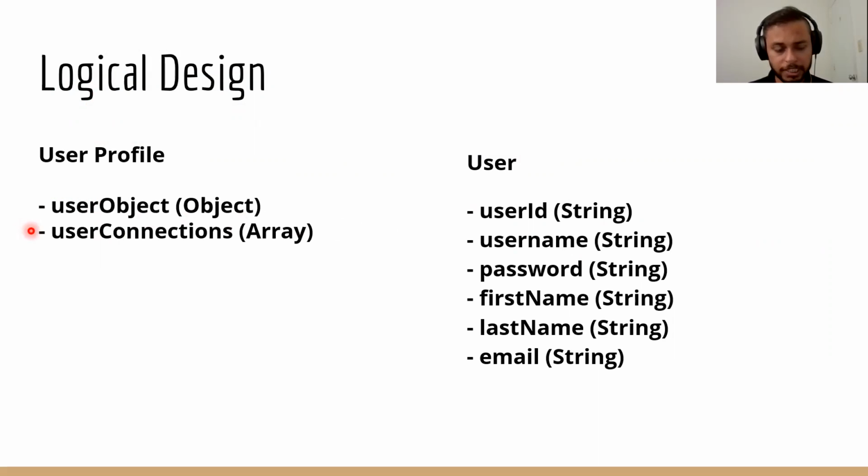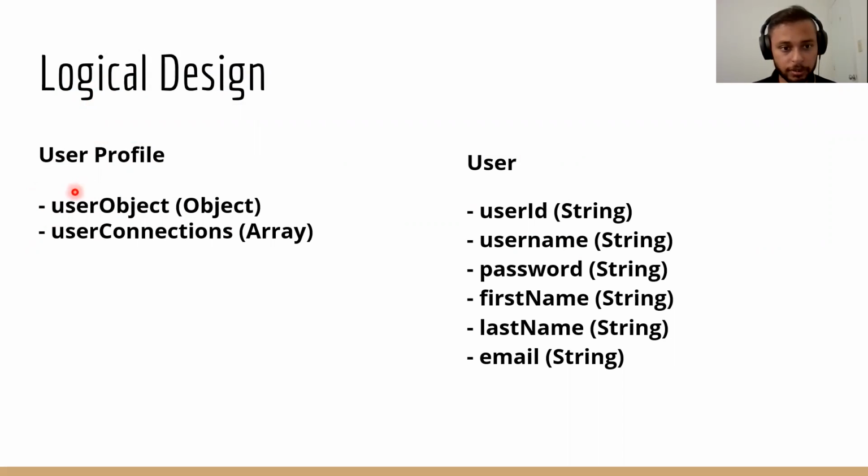So these two slides describe the data types of the various variables which are used in the entities existing in the application. The first entity is the user profile.